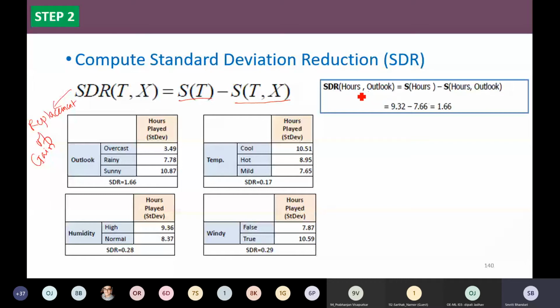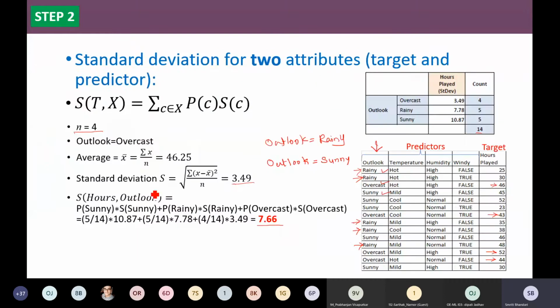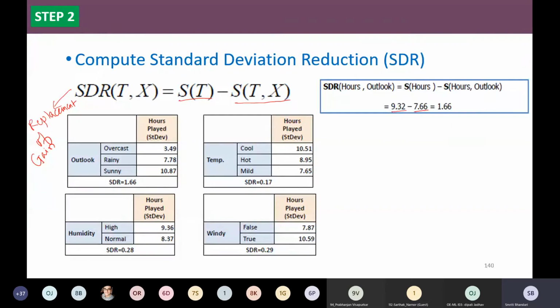So SDR(hours, outlook) equal to S(hours) that we computed in step number 1, 9.32, minus S(hours, outlook) that we computed in the earlier step, 7.66. So this standard deviation reduction for attribute outlook comes out to be 1.66.